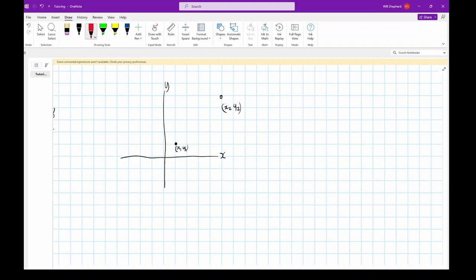We're trying to find this value here. To find that value, we should figure out what the run is. We should also figure out what the rise is, shouldn't we? And so, by having the rise and the run, we actually make a right-angled triangle, don't we?